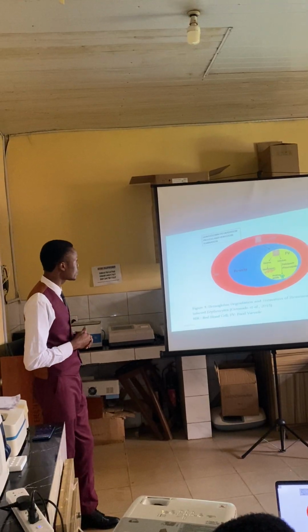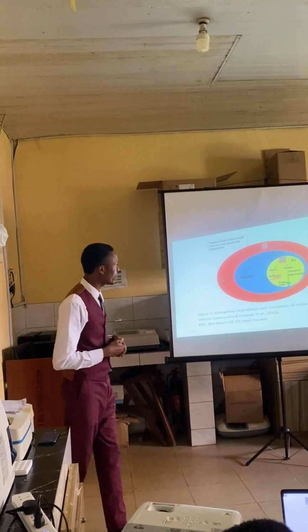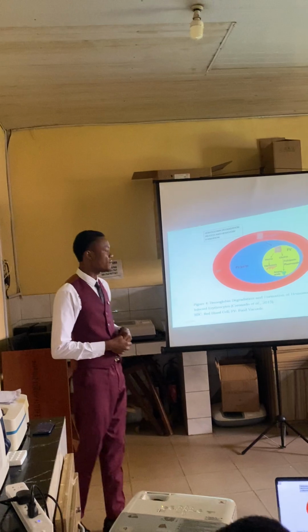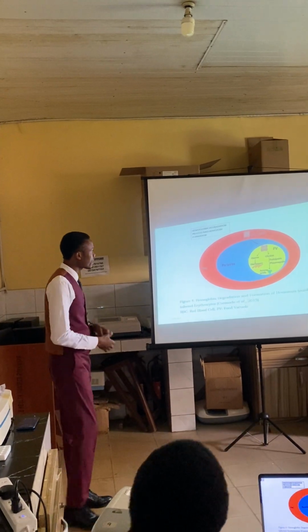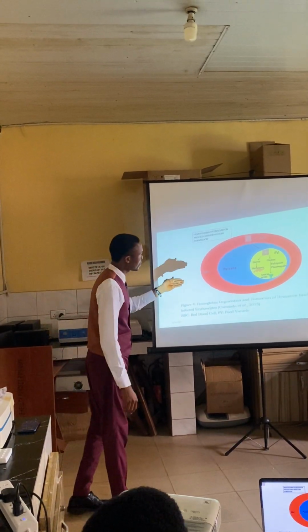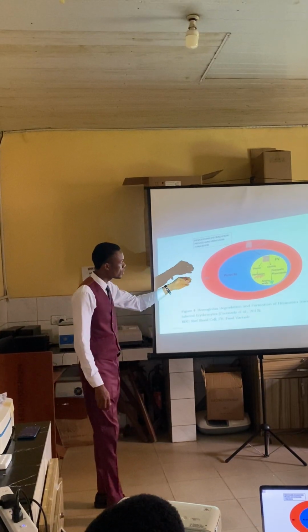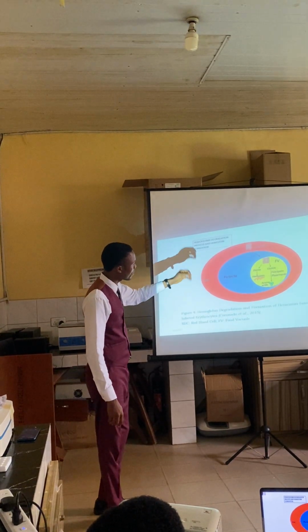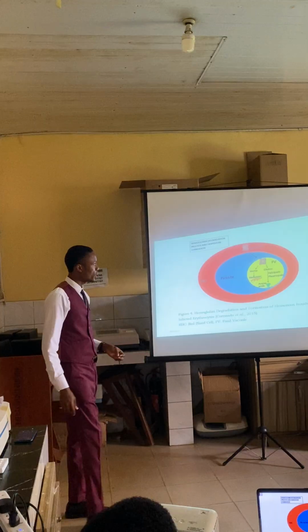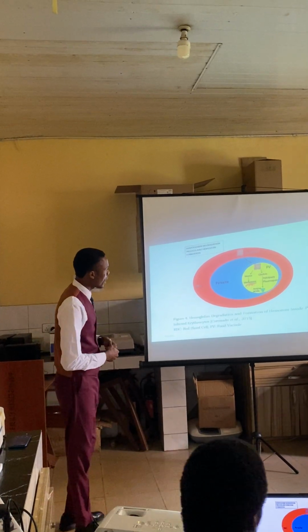This slide shows the hemoglobin degradation and the formation of hemozoin, just like I've explained. When the parasite is inside the red blood cells, it breaks down the hemoglobin, releasing the heme and the globin. The heme is further converted into hemozoin, and the globin is broken down into amino acids.